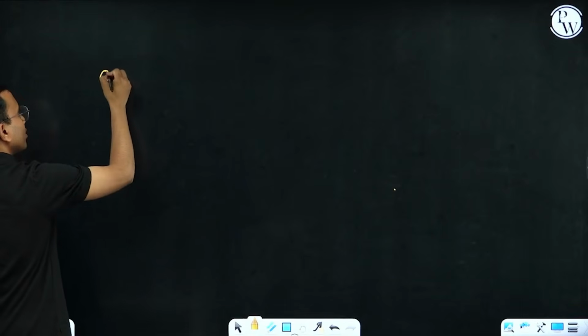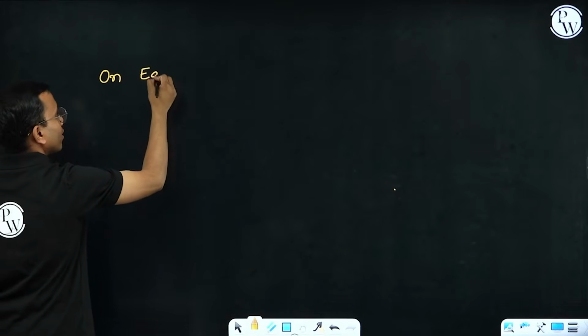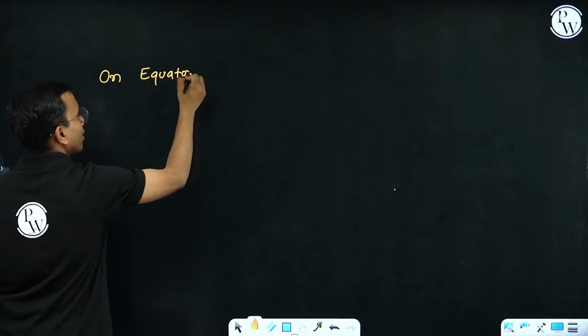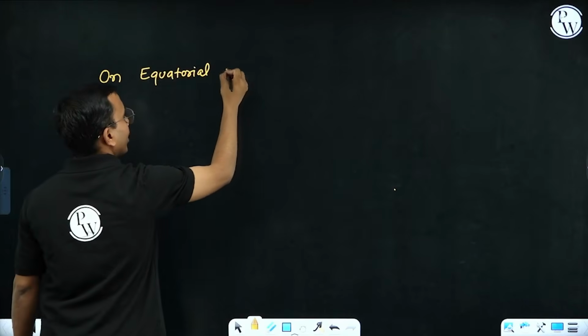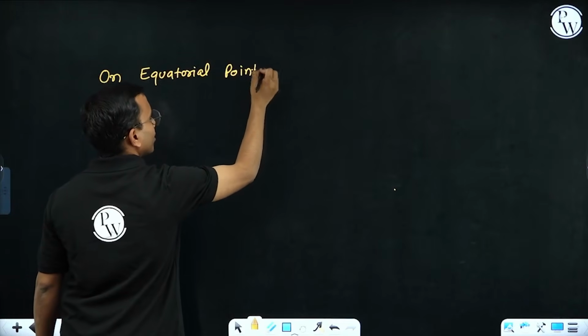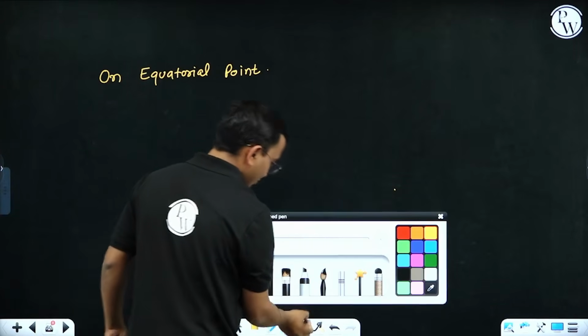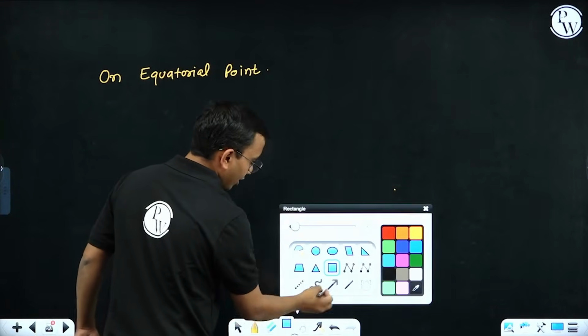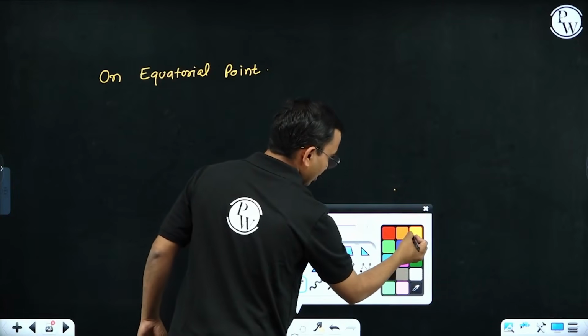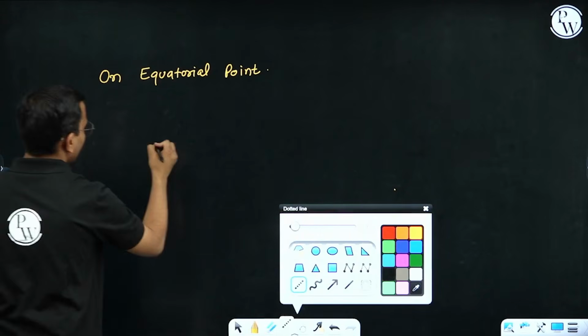Next is the equatorial point. So on the equatorial point, let us take again, let me draw a dotted line first.